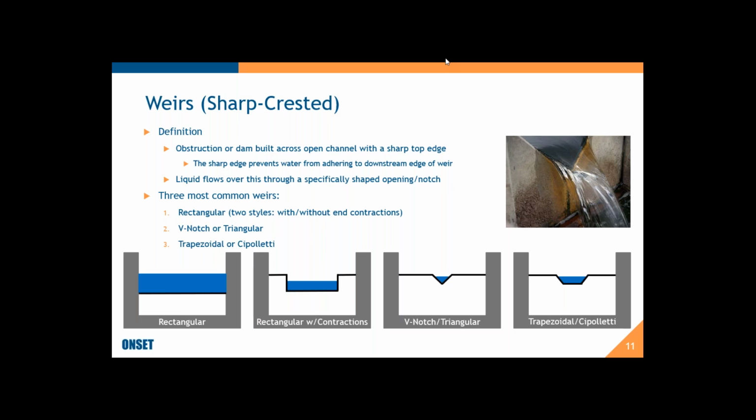And there's different shapes, rectangular, which are usually used for larger stream flows. For smaller and mid-sized stream flows, we commonly use V-notch or trapezoidal, also known as Cipolletti weirs. So these are the common ones.